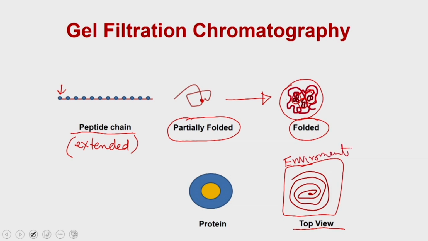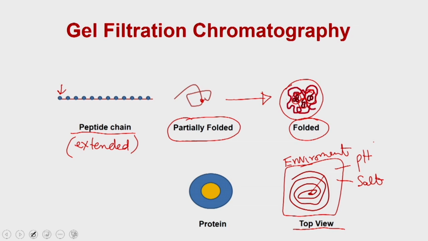In most cases, the environment like the pH, the salt and all other factors present in the microenvironment are going to affect the packaging of these protein molecules, but at the end it is going to arrange around the center. And that is why, if you would like to characterize a protein, you can characterize it simply by knowing the radius of gyration or the diameter of that particular ball.